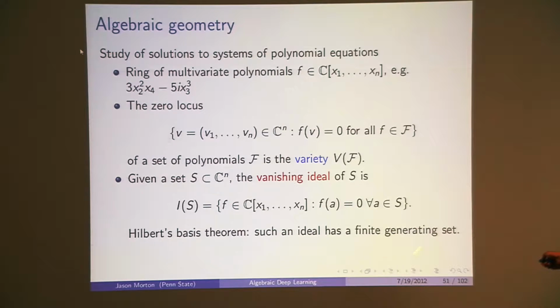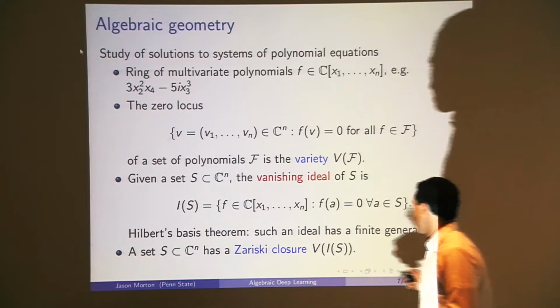Hilbert's basis theorem tells us that such an ideal is a good description in the sense that there's a finite generating set for it, and a lot of computational algebraic geometry works by getting such bases, like Gröbner bases, universal Gröbner bases and things like that, which have some nice combinatorial properties or nice computational properties. So there's an algorithm to do this, which is the common generalization of polynomial division, if you've ever done that, and Gaussian elimination.